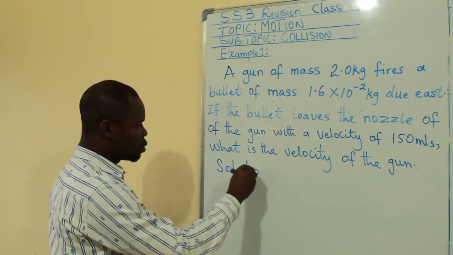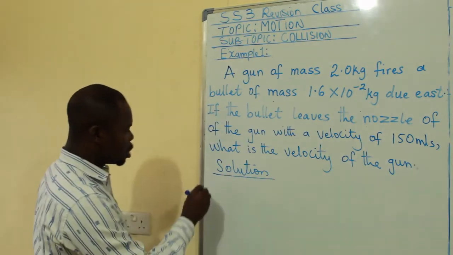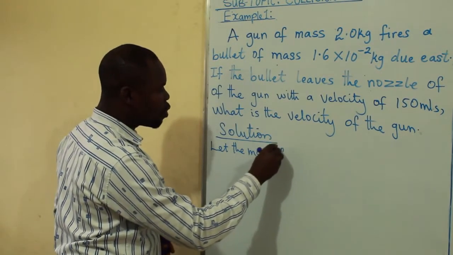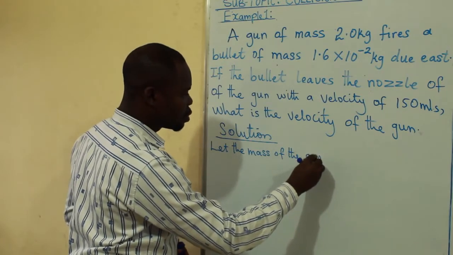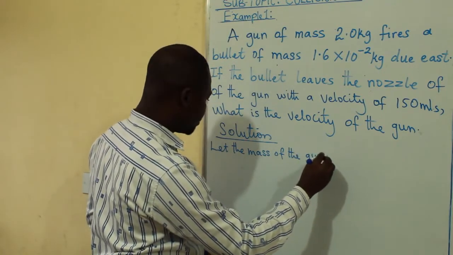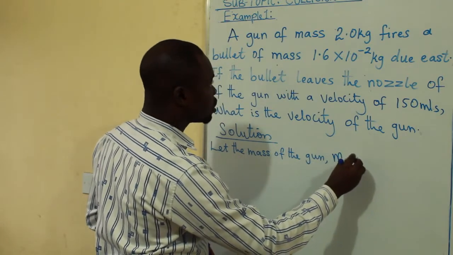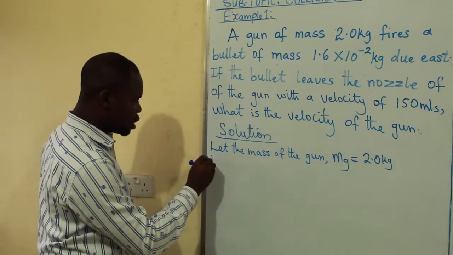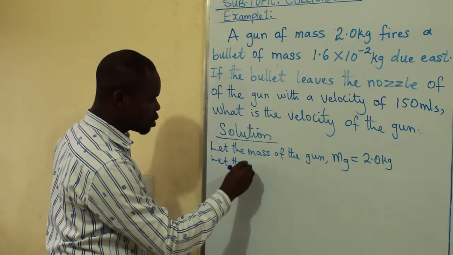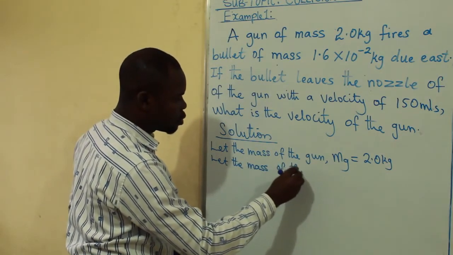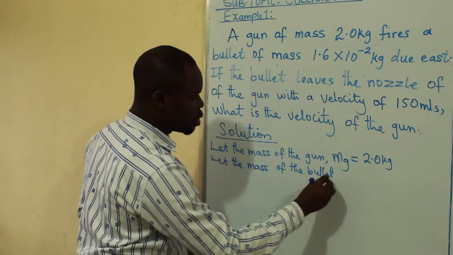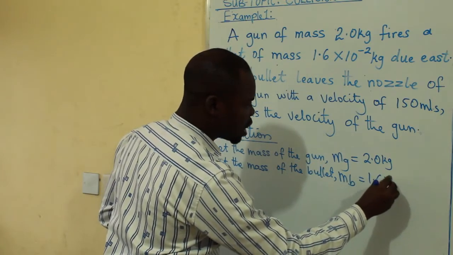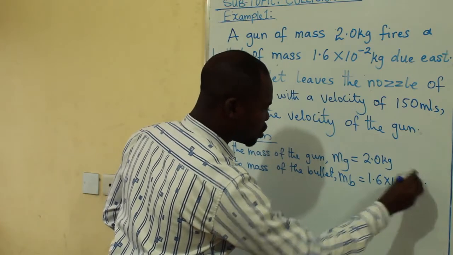Solution. Let the mass of the gun be mg, which is equal to 2.0 kilograms, and let the mass of the bullet be mb, and that is 1.6 times 10 raised to power minus 2 kilograms.